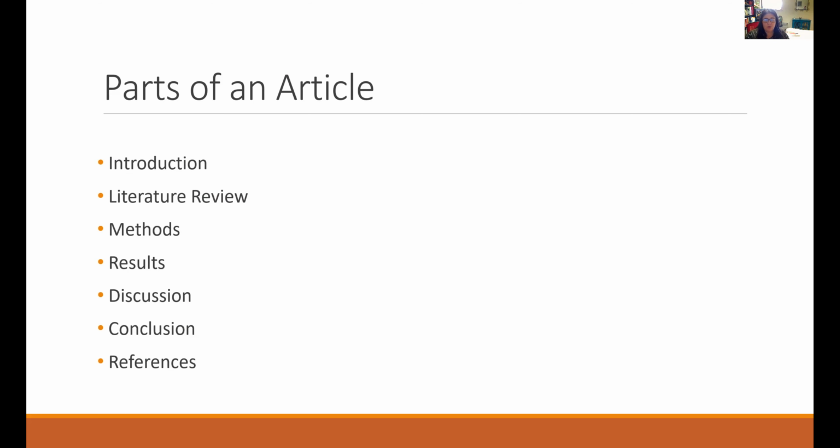So most articles will have something that is structured like this. You're going to have an introduction, a literature review, methods, results, discussions, conclusions, and then of course your references. Maybe methods is listed as methods or methodology, or the literature review may not be identified straight in there.